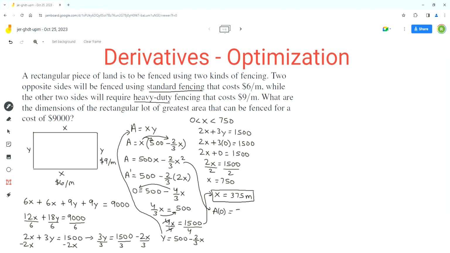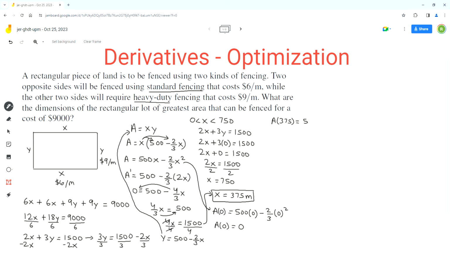So it will be 500 times 0 minus 2 over 3 times 0 squared. So both terms will be equal to 0, so the area at x equals 0 is equal to 0.